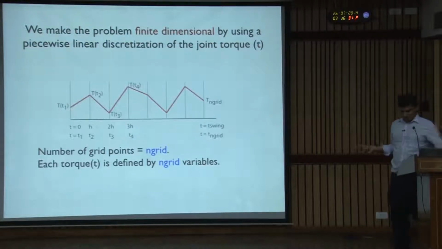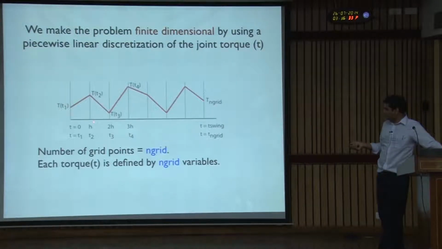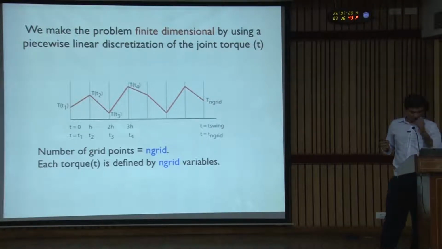So my favorite way of representing a function for these optimization problems happens to be piecewise linear. And there are pros and cons to piecewise linear versus other descriptions. But this is just one description, and all kinds of descriptions would give you a reasonable answer for this particular problem.